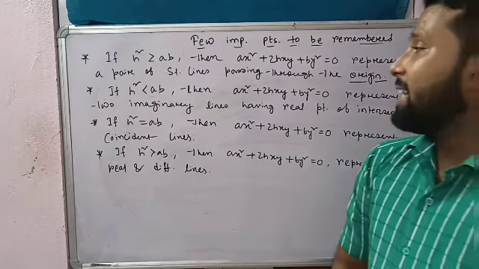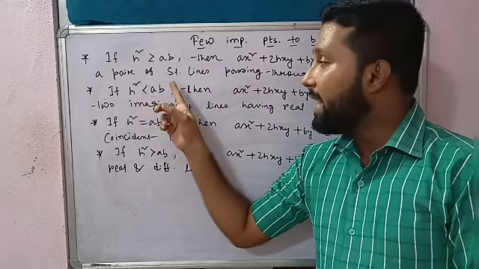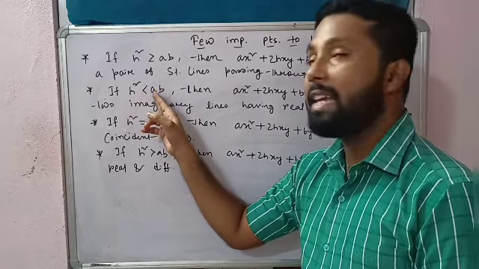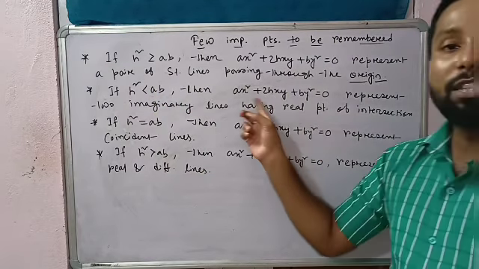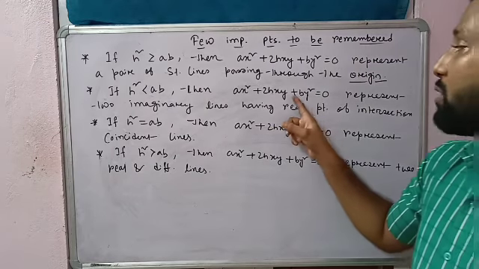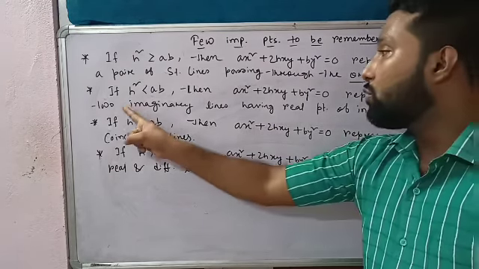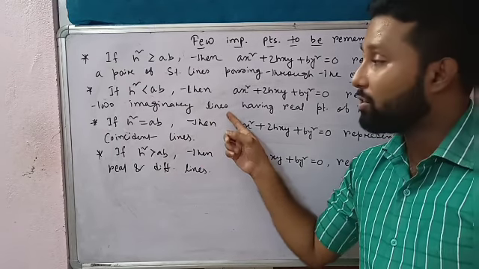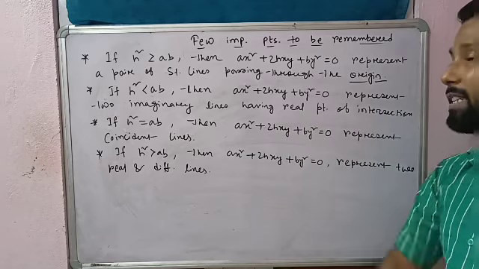The second condition tells us that if the value of h square is less than ab, then the equation which is called pair of straight lines, ax square plus 2hxy plus by square equal to 0, represents two imaginary lines. Look at the condition. Represents two imaginary lines having real point of intersection.